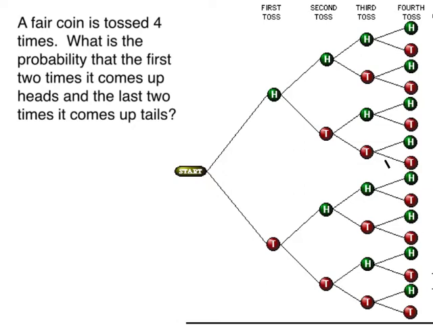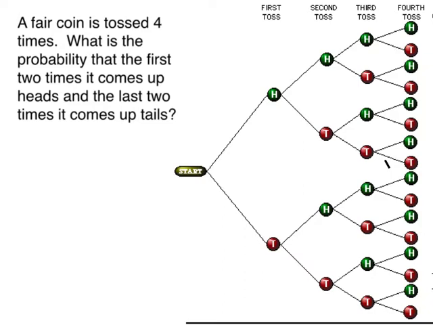So, 4 times, the probability that the first 2 it comes up heads and the last 2 tails. Well, every single time you toss it, it's going to be a 1 in 2 chance.